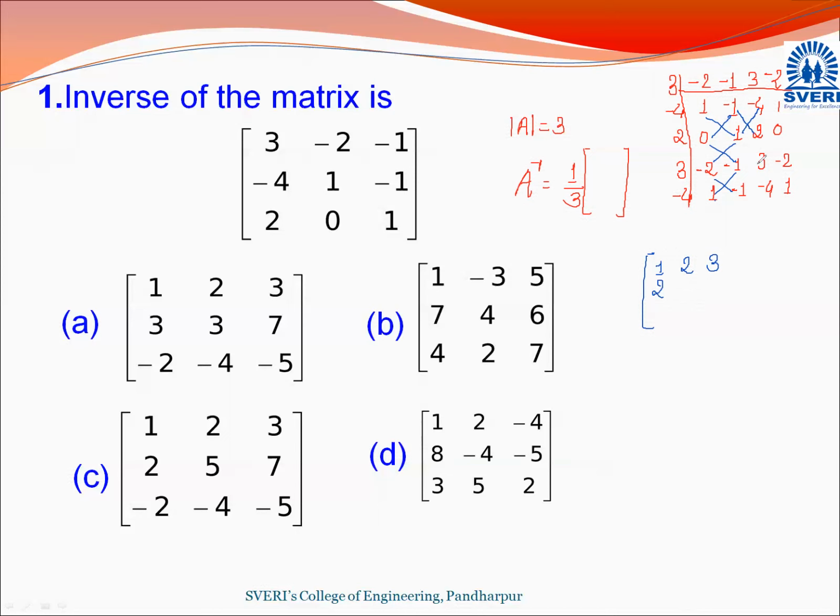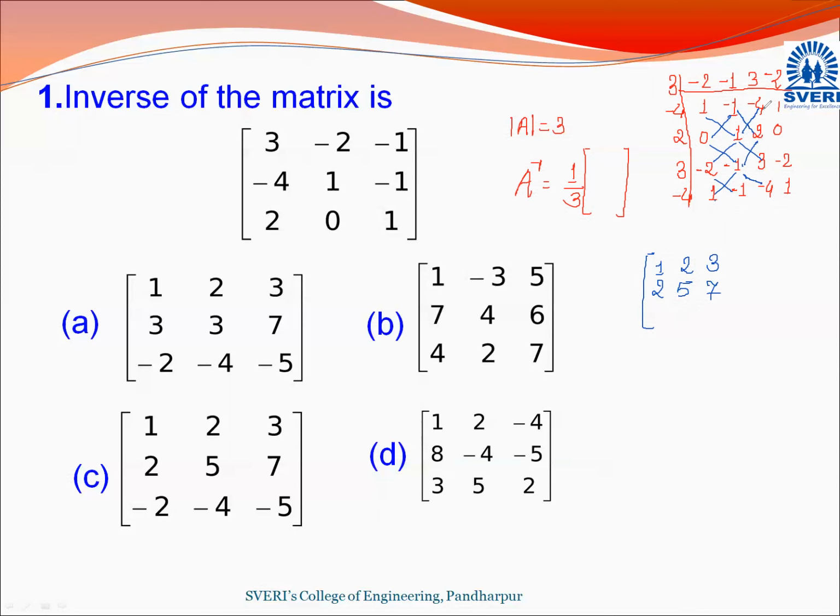Then next, 3 plus 2, it will be 5. Next, minus 4 minus 1 is 4, 3 minus 1, minus 3 plus 4, 4 plus 3, it is 7.